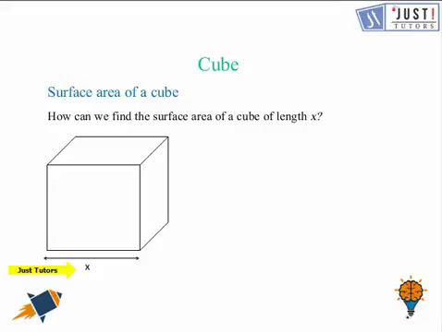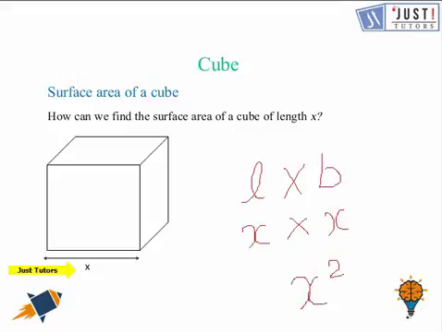So it's length times breadth. However, because it's a square, its length is x and the breadth is x as well. So if we multiply x and x, the answer is x squared. This is how we find the area of one face of a cube.